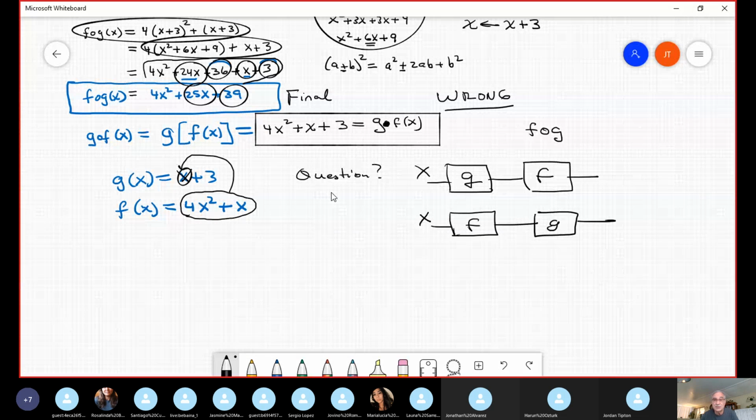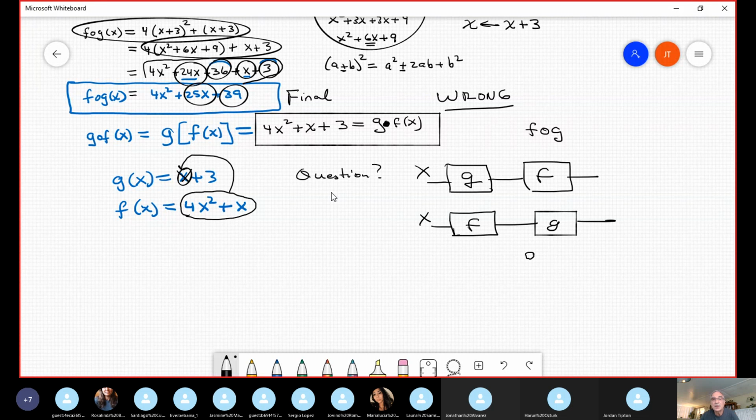And this order is completely opposite. Wait. I make a mistake here. This is not like that. It's good. g is the first. In this case, f is the first. The first function is the first letter, close to the domain.